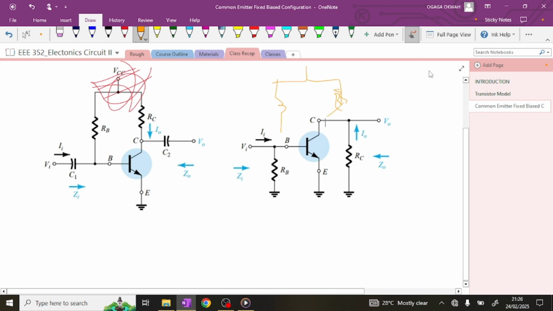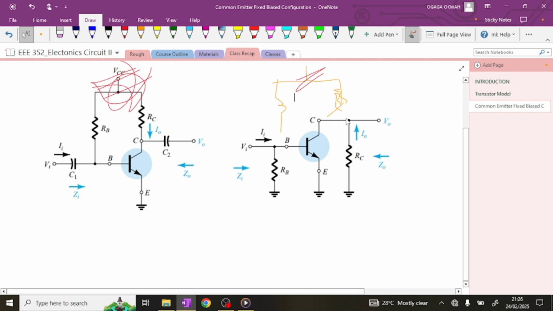Looking at this now, since we took out this part, this RB came down here. You can put it on top, it doesn't really matter, but we just point everything down so that we know it's going to ground. So this RB is the same RB, just that since we cut off this part, we bend it downwards to face ground, or 0, no voltage source there. So it's the same thing there.